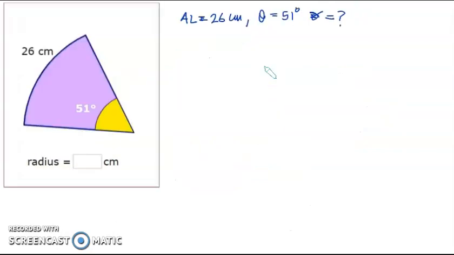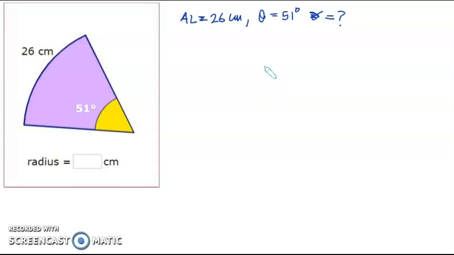I am again going to discuss the first question, and this time I will discuss the method that is explained in the book. Some of the students want to understand that method also, so I am going to share that. You can see the arc length is 26 centimeter and this angle is 51. So with this information, first we will try to find the circumference.